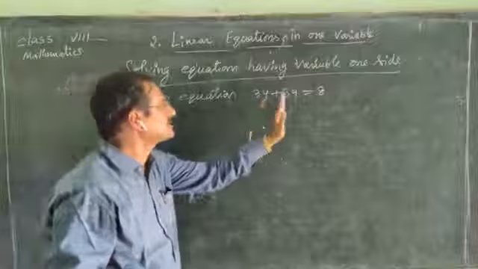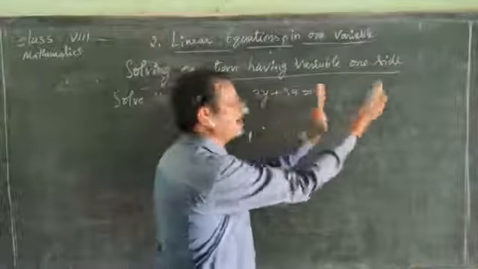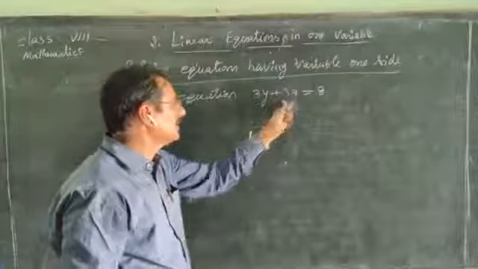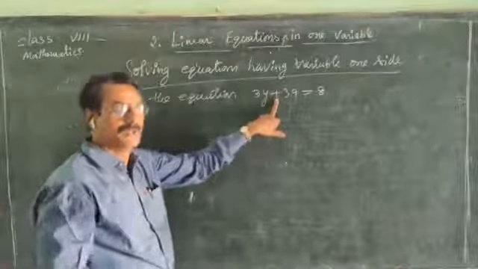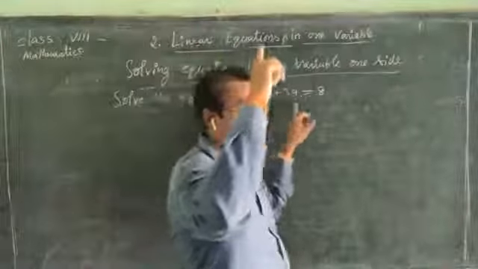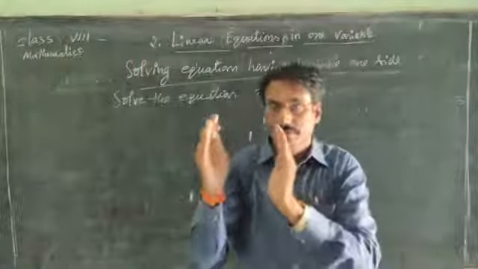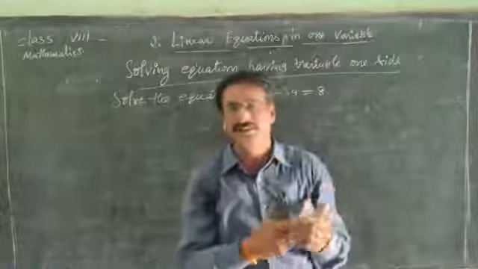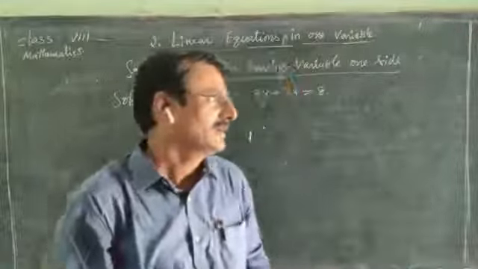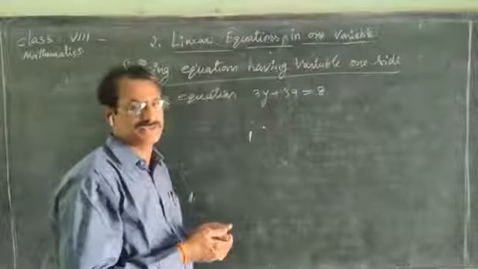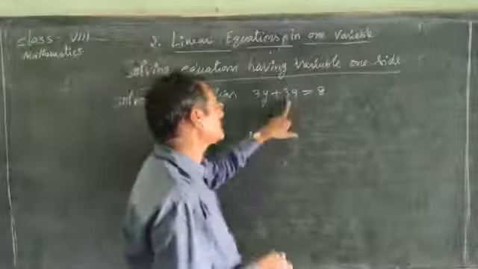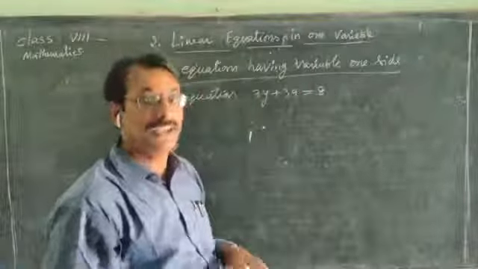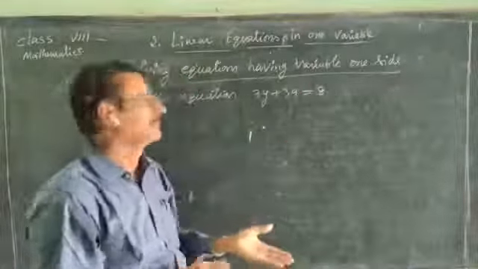First, we have to send this 39 to the right-hand side. Already we observed before, when we transfer terms from one side to another side in an equation, the sign will be changed. Here plus 39, the positive quantity becomes a negative quantity on the right side.